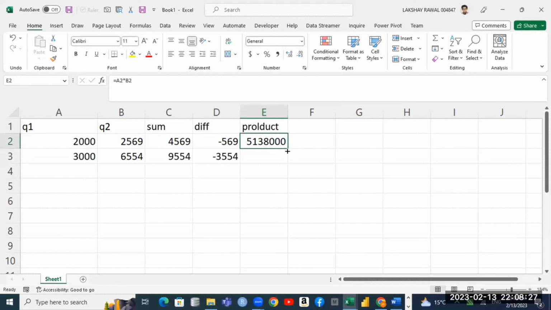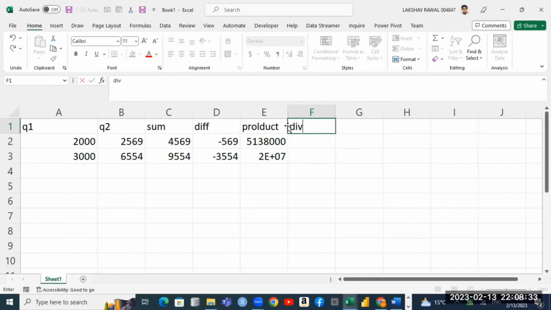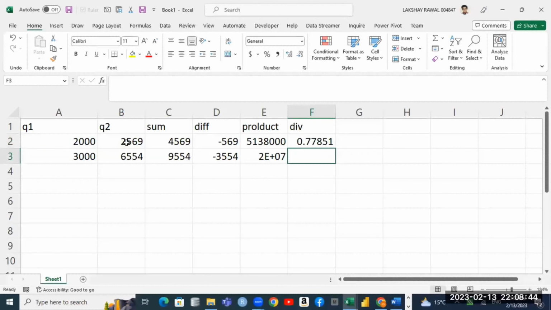We have understood that also. And for division, we have to divide A2 divided by B2. So we have to remember these basic operators.